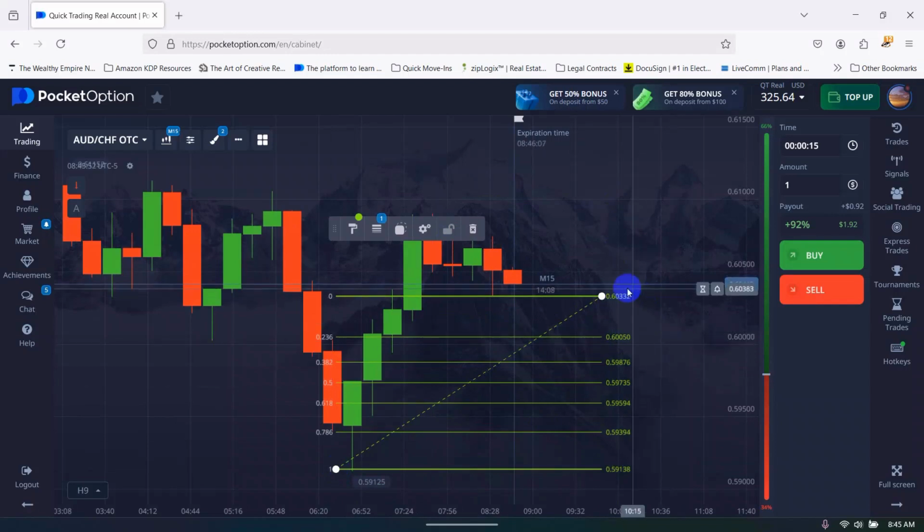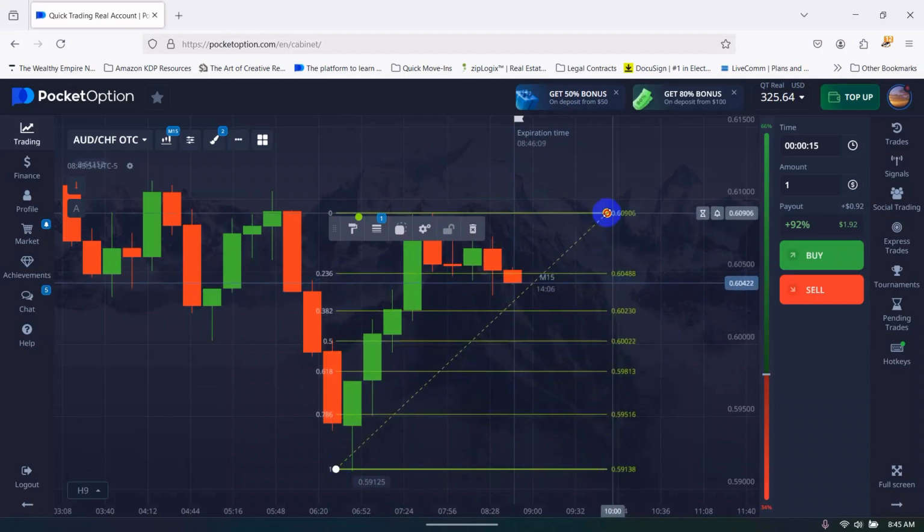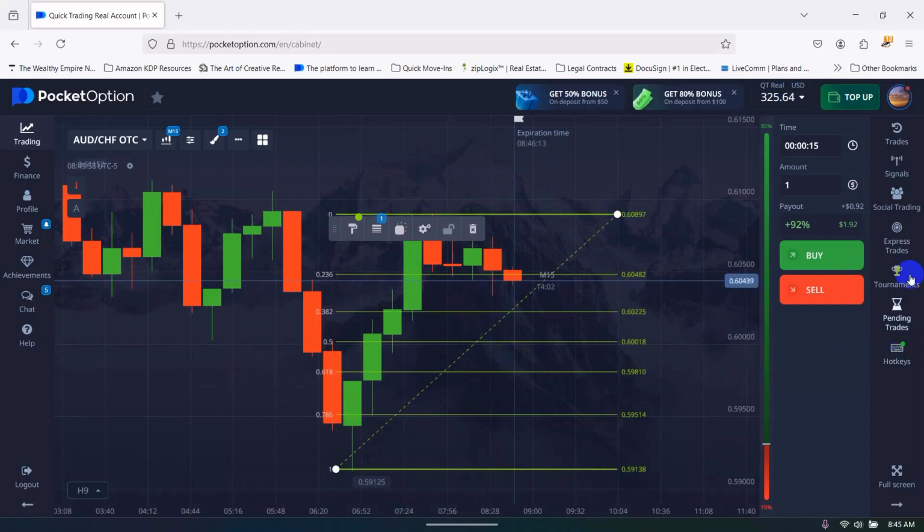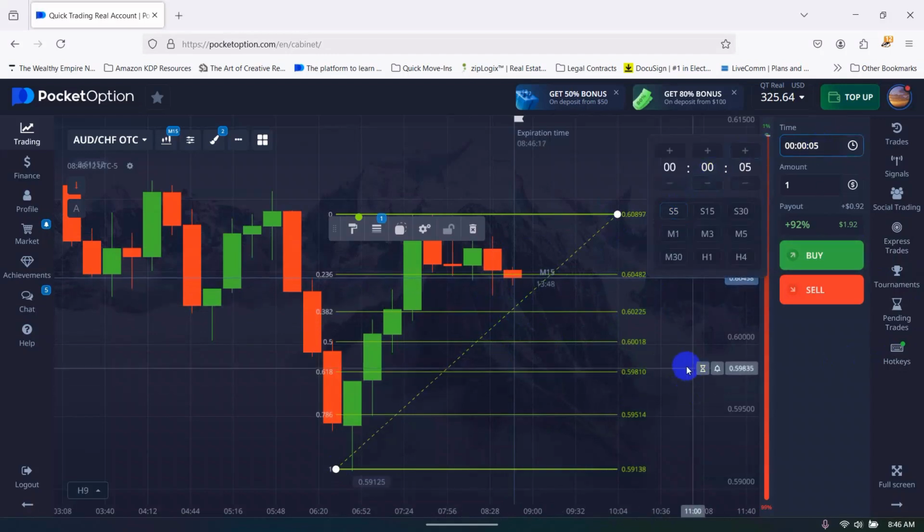So we're going to go back to this level and see where it tries to push. And see, it's trying to come down to this 30%. I'm going to change this to 5 seconds.